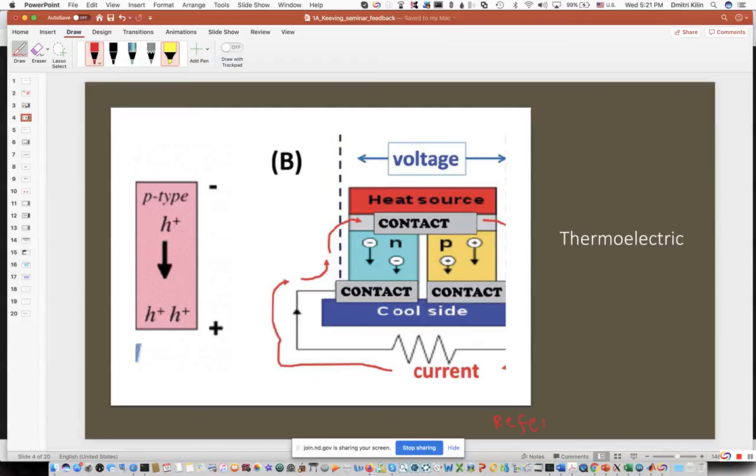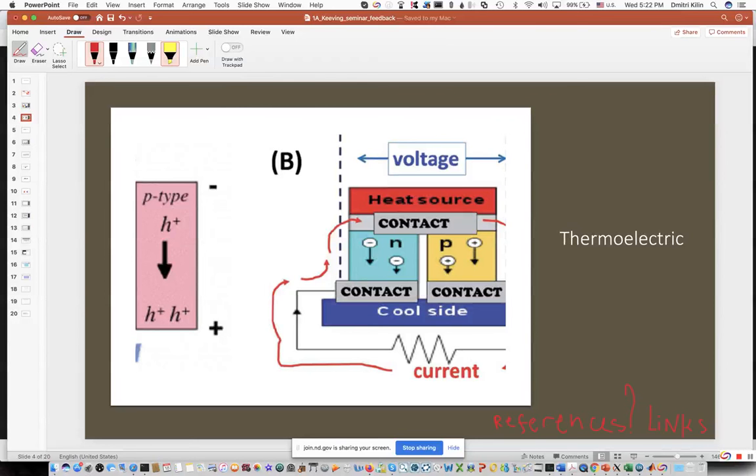So the electrons at the cold end, when enough of them get gathered there, form their own electromagnetic field that repels the remaining electrons on the hot end. So you have electrons on the cold end and electrons on the hot end, and since you have electrons on both sides, there's a voltage between them.